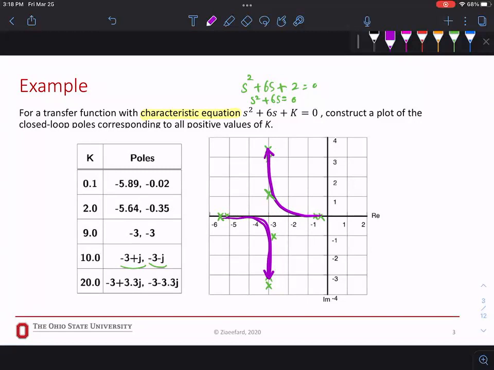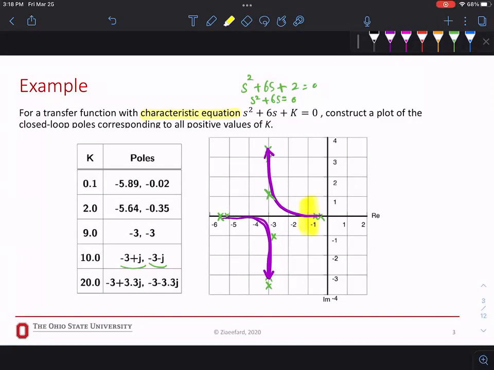The pole can only be placed on the locus. And if you needed to place a pole near the imaginary axis, you know that you have to choose your pole somewhere here, right? Then it will help the system to be stable.